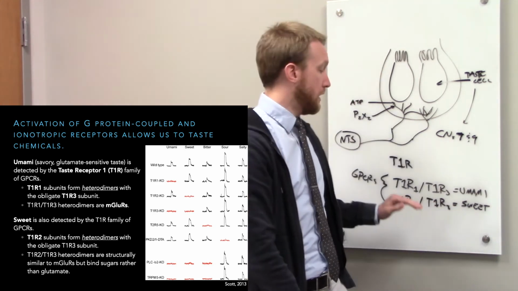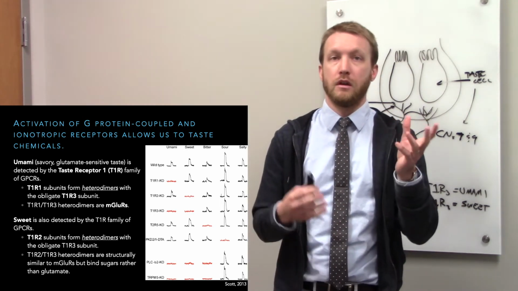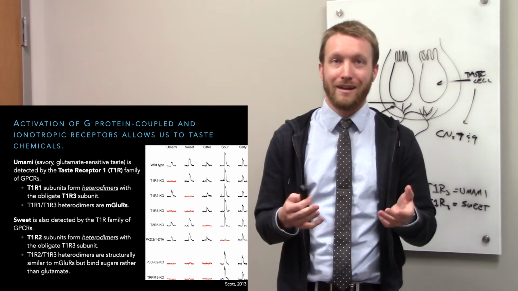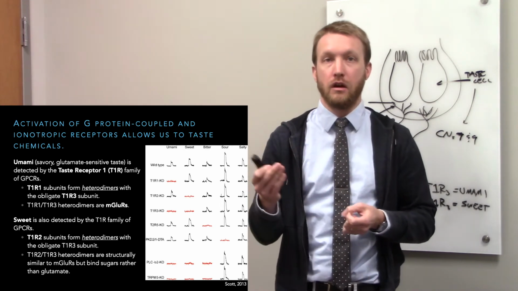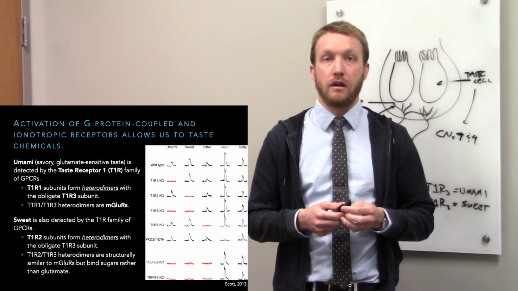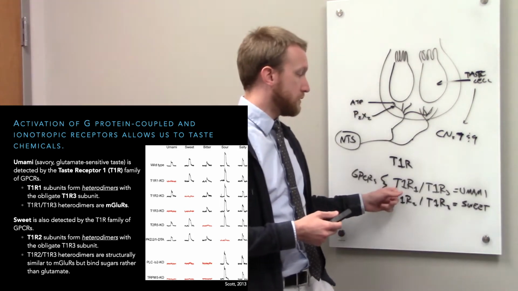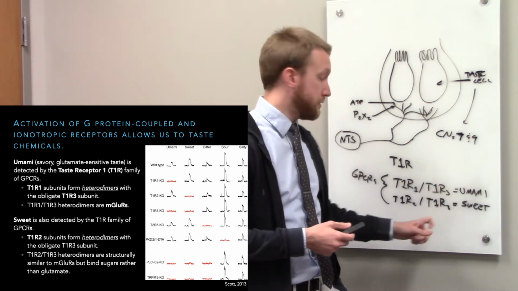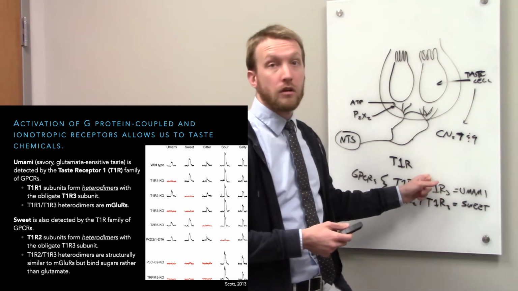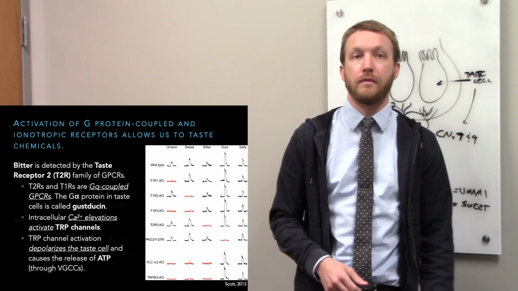And we're going to have heterodimers here. This chart's just going to come up a few times to show you what different knockouts are going to do to the detection of different tastes. So whenever you knock out T1R1, for example, you're going to lose umami. T1R2, you're going to lose sweet. T1R3, you're going to lose umami and sweet because they form dimers there.